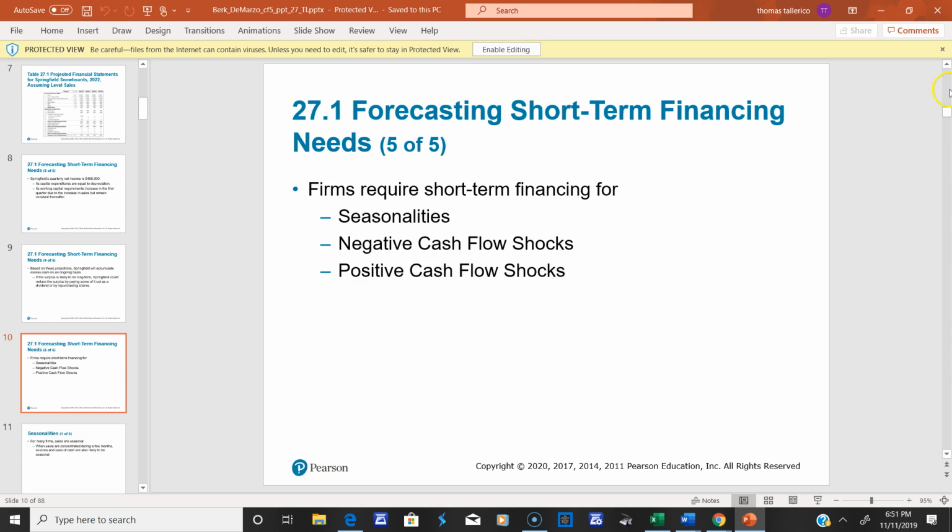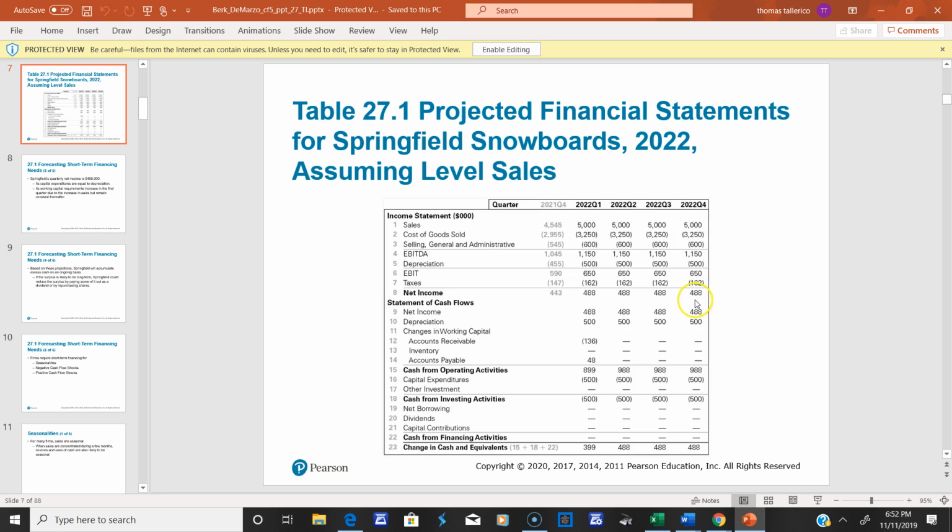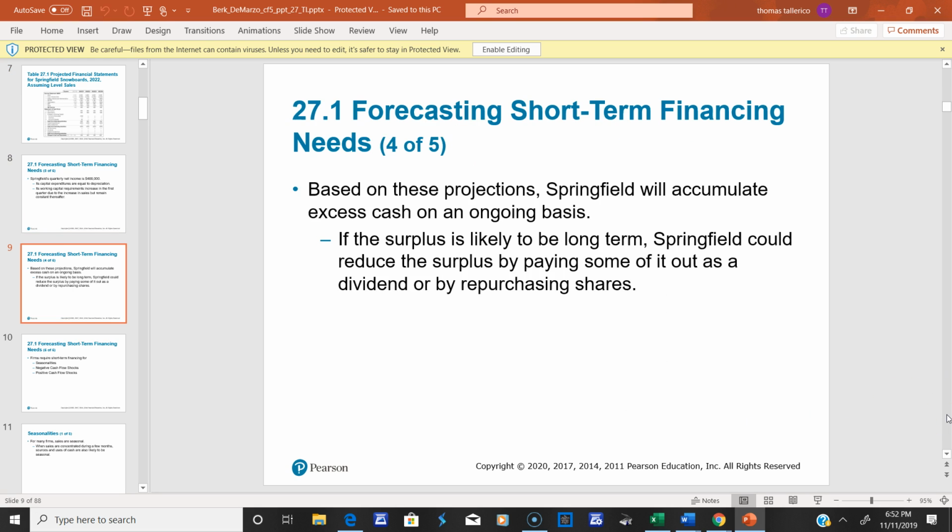Whoops, sorry about that. So based on these projections, Springfield is going to accumulate excess cash, as we saw. If we go back a little bit, you'll notice they've got excess cash each year. It's positive. It's positive.